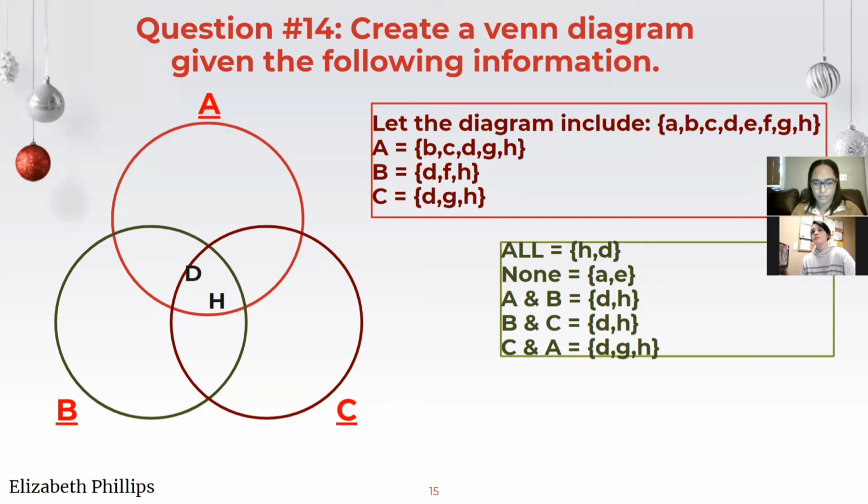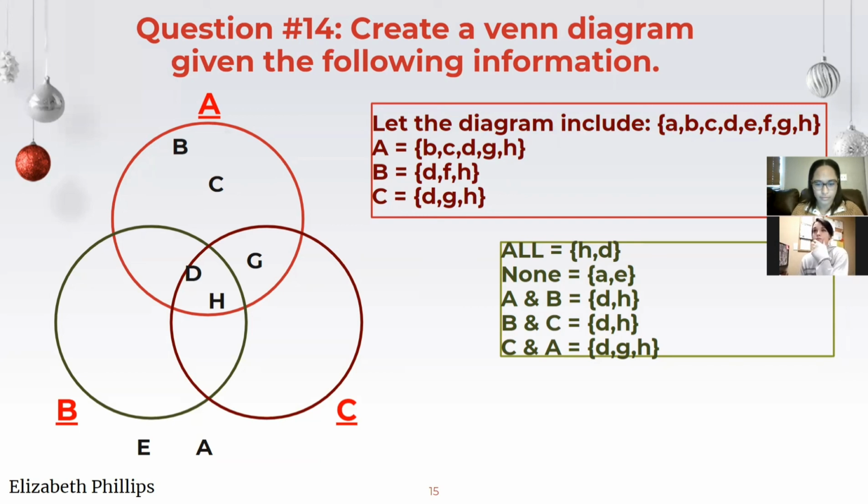With A and B, they both have D and H. With B and C, they both have D and H as well, which pretty much means, because everything has D and H, D and H are going to go in that little blank right in between all three circles.